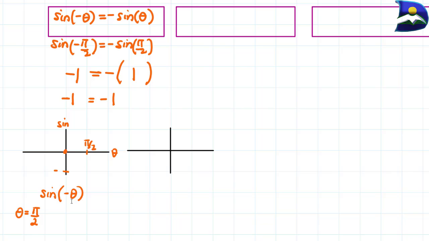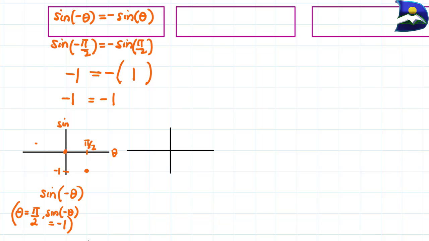And so what that results in is that our first point is right here, and we have our sine for our negative theta, in this case pi over 2, to be equal to negative 1. And this is our first point that we've officially assigned.